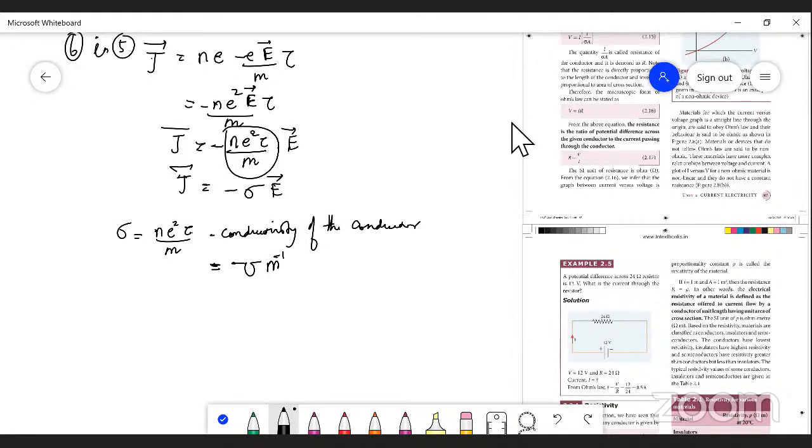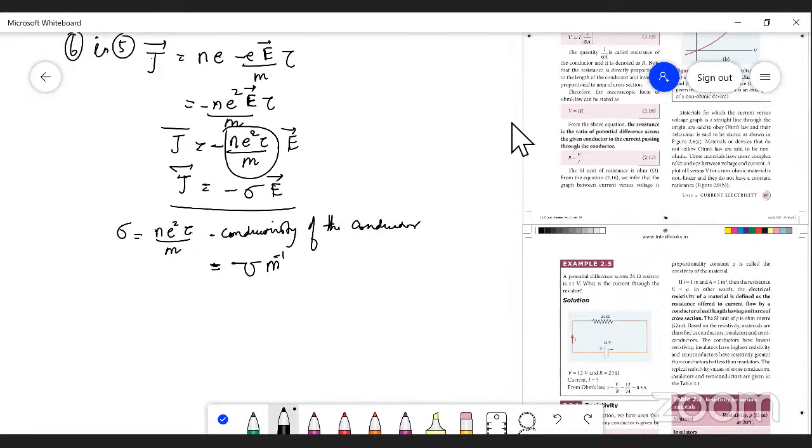But conventionally, from this expression, J vector equals minus sigma into E vector, we have a negative sign. This has been obtained from the drift velocity expression. But what we know is that the conventional idea says the current always flows from positive potential to negative potential.